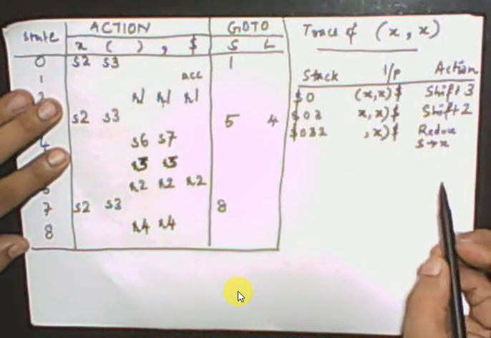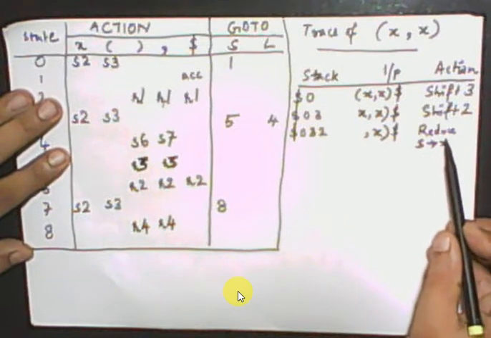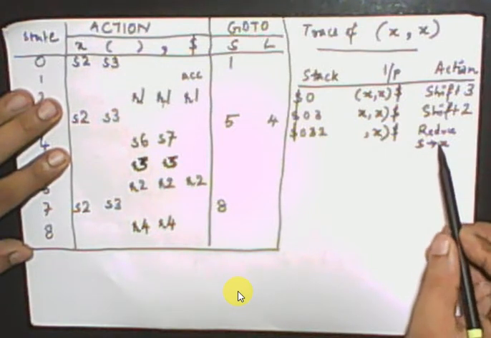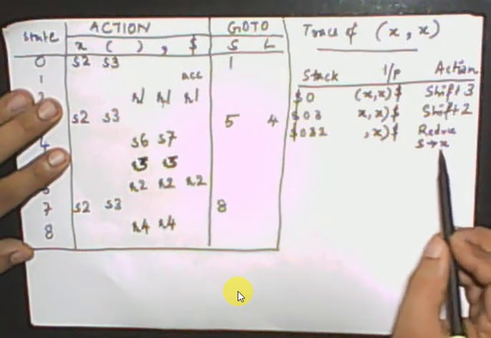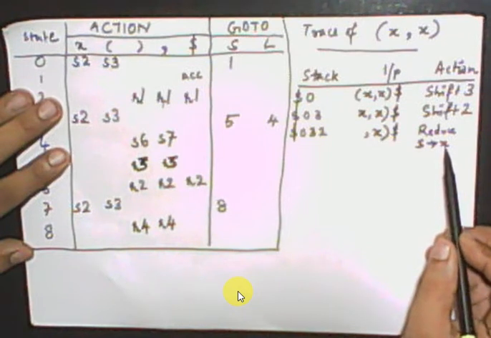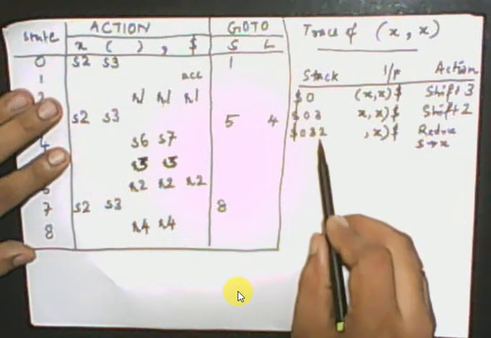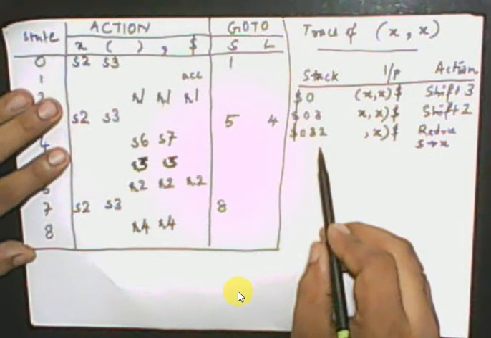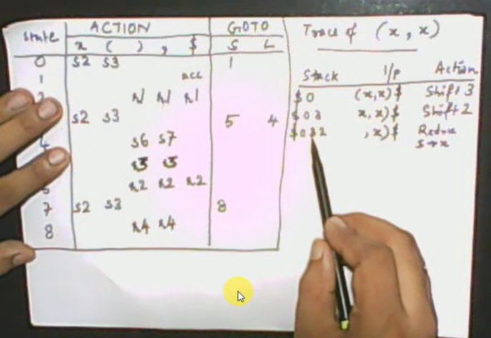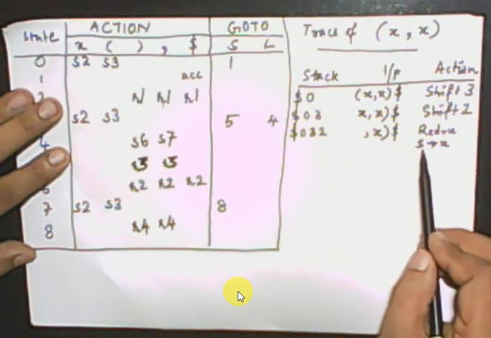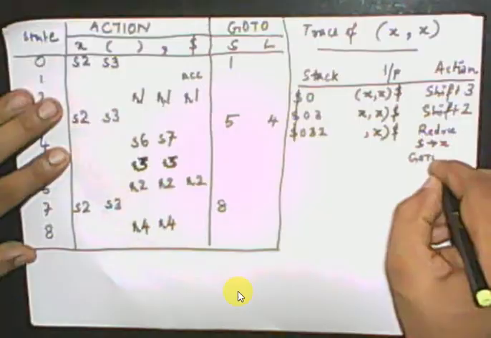While reducing, we have to find the right hand side. What is the right hand side? There is only one symbol. How many symbols are there on the right side? Those many states have to be removed from the stack. So 2 will be popped off this stack, and you will have 3 on top. So 3 on what is the left hand side? That is S. So you need to find the goto of that.